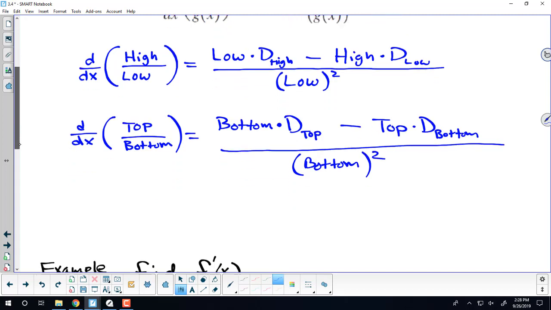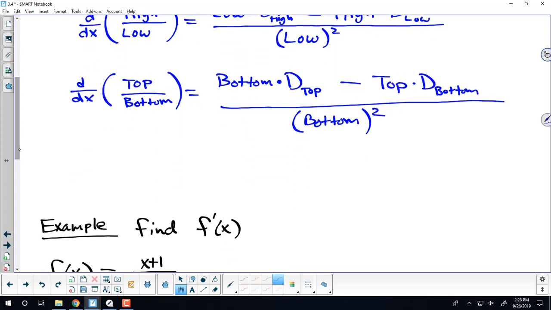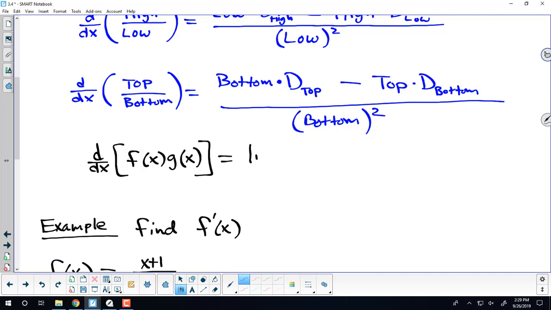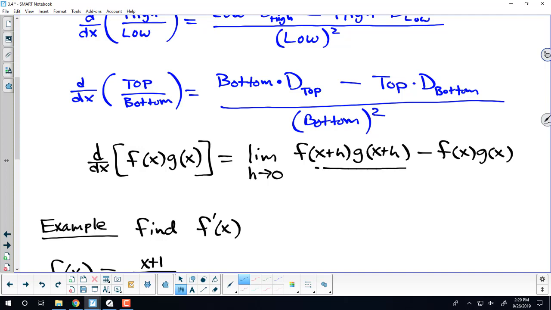But just as a reminder, when we looked at the product rule, if we said to find the derivative of a product, f times g, I'll go ahead and write it out in full. Initially, how that's justified is you compute the limit as h approaches 0 of f of x plus h times g of x plus h minus f of x times g of x, all over h.